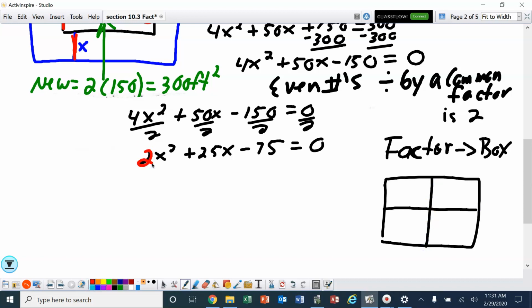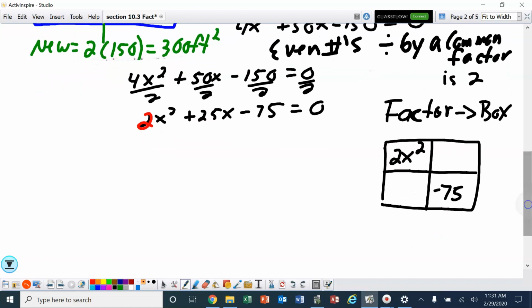So the 2x squared goes in the top. The minus 75 goes in the bottom right corner. We're going to multiply these two together. So that's going to be negative 150. Now, factors of negative 150 that add up to 25.